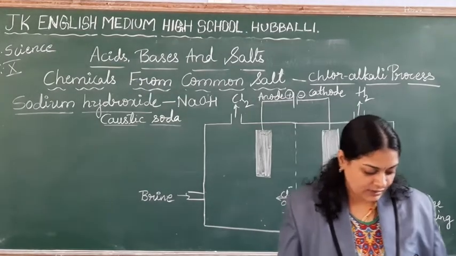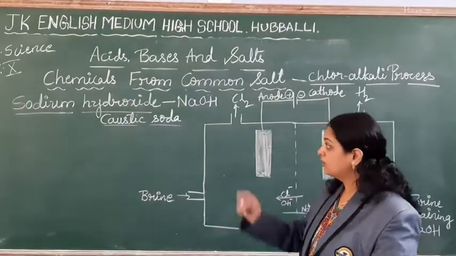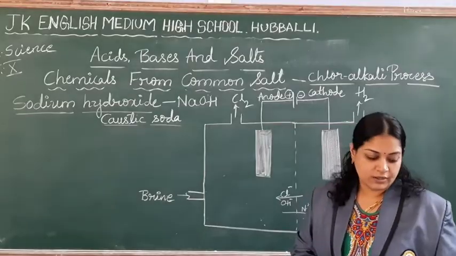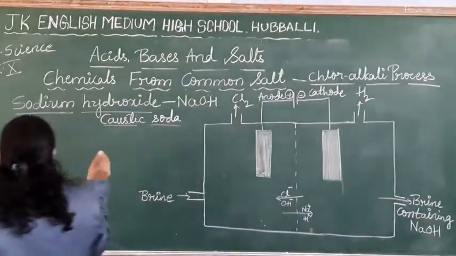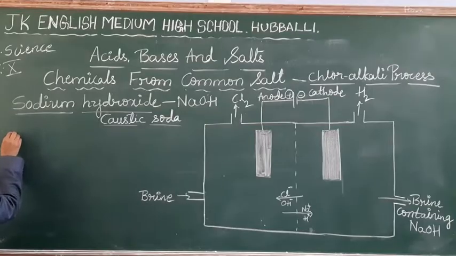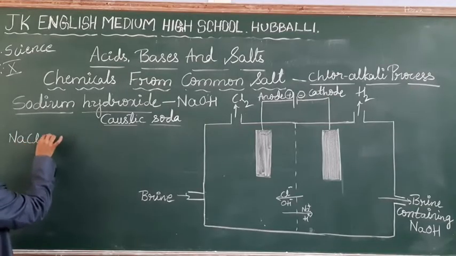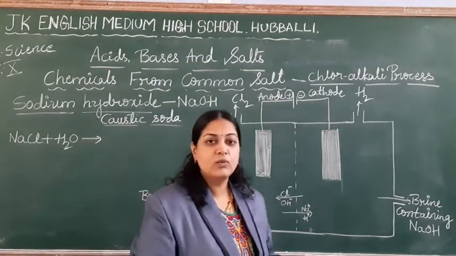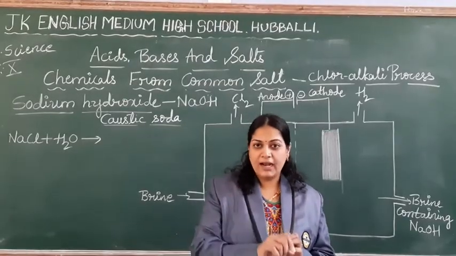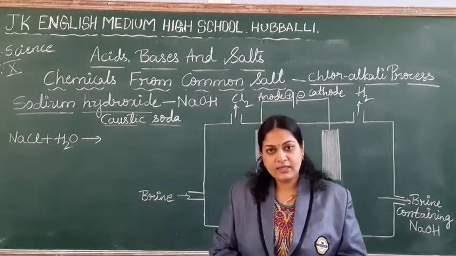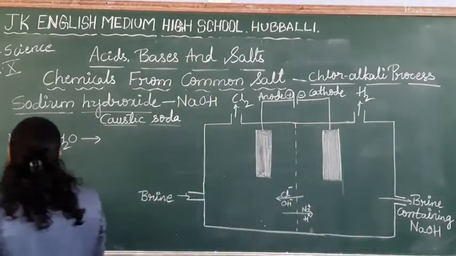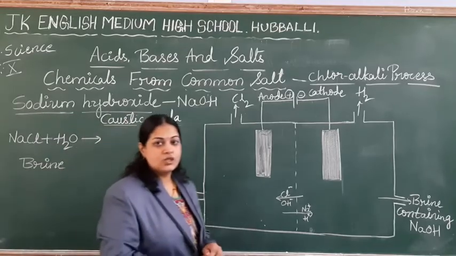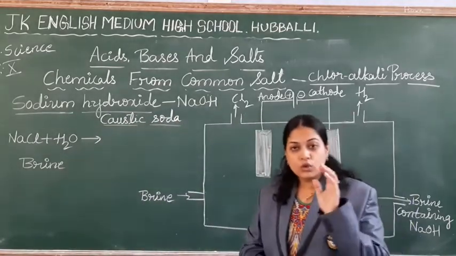Let us discuss how to manufacture sodium hydroxide from common salt. You have to take the sodium chloride and add water, which means you make it an aqueous solution. This salt solution is called brine.